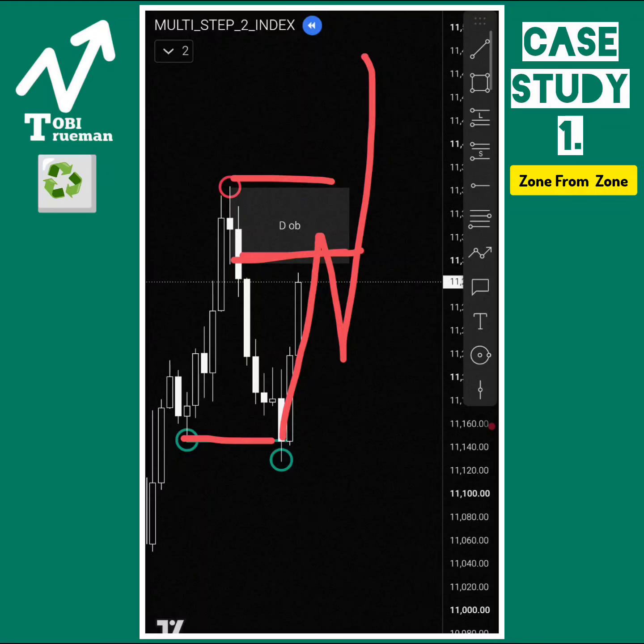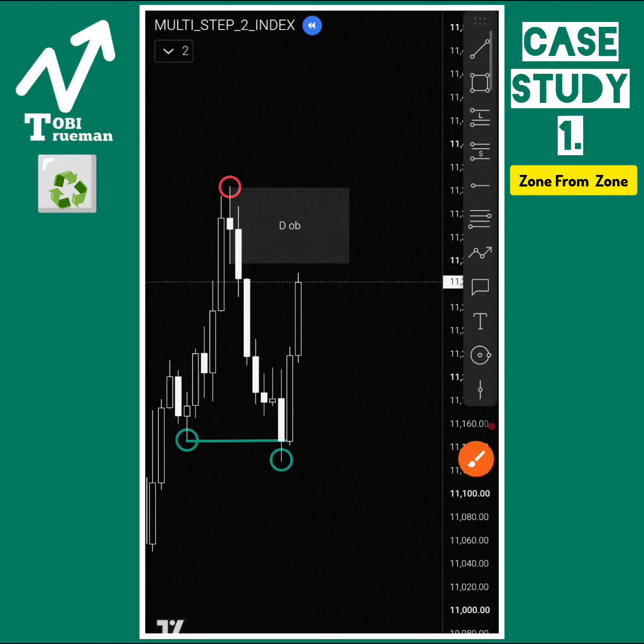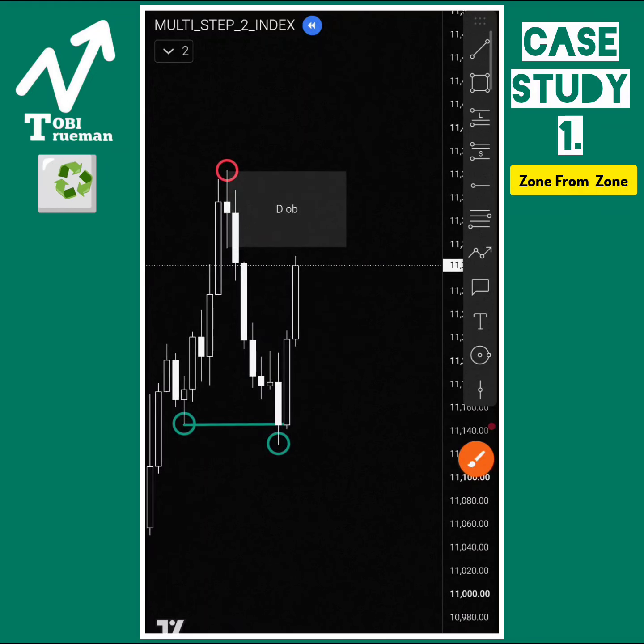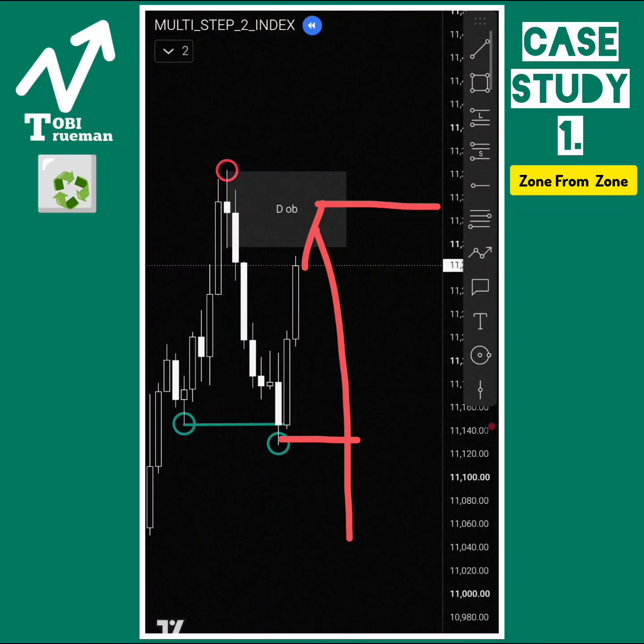So to improve our probability of the trade going in our direction, we are applying this price action strategy of zone from zone. We want price to move into this zone, take out this low point, then give us another valid zone there.